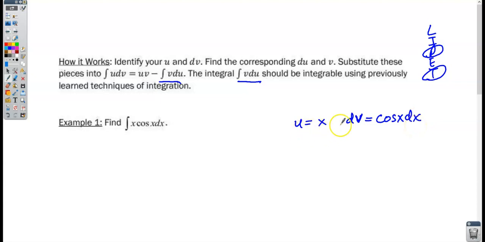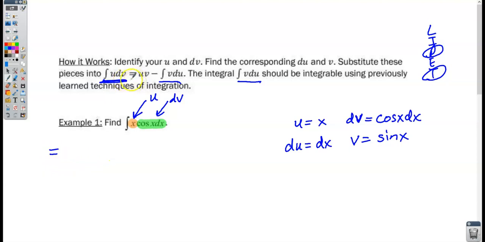And now I'm going to build the analogs of these. I'm going to take the derivative of u to get du, and I'm going to take the integral of dv to get v, and the integral of cosine of x dx is just sine of x. And now that I have all of these things, this is my u, this is my dv. So what I'm looking at is the integral of u dv.